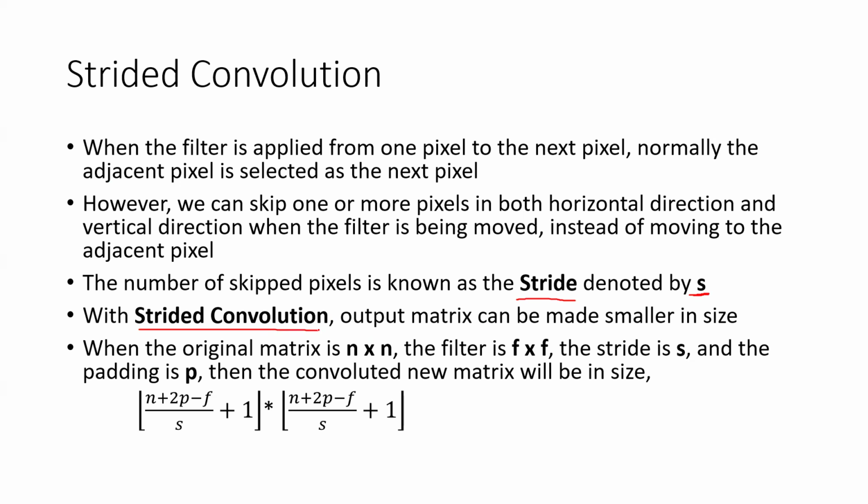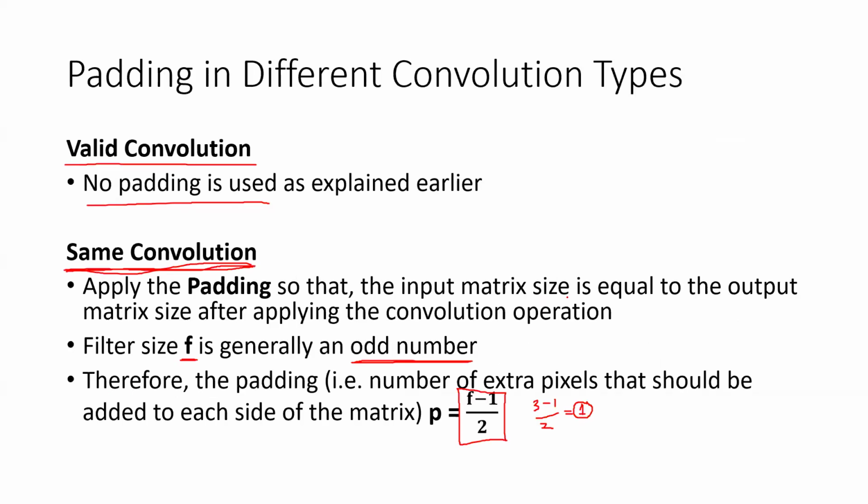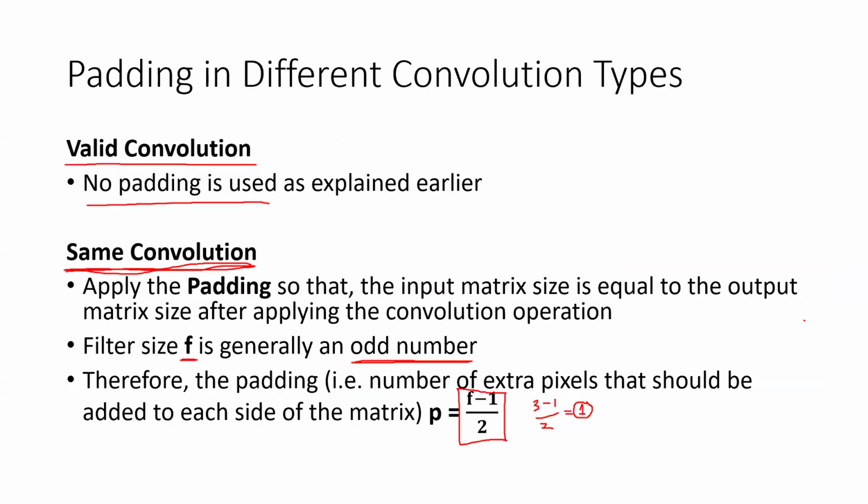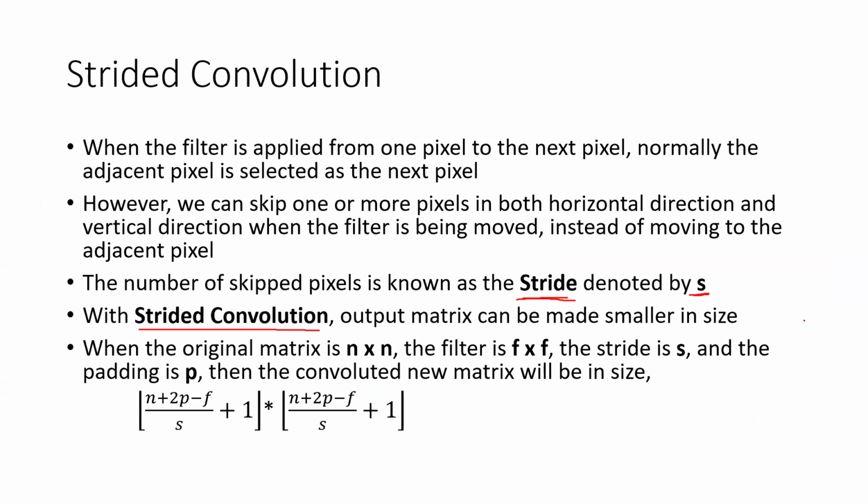And when you have a higher number for stride, you can have a much smaller output matrix than the original matrix when you are using it without padding, right? Suppose you want to shrink the information from the original image to a very small number of pixels in the second image. What you can do is increase the stride from 1 to 2 or 1 to 3, so that your resultant matrix would be much smaller compared to the original matrix, right?